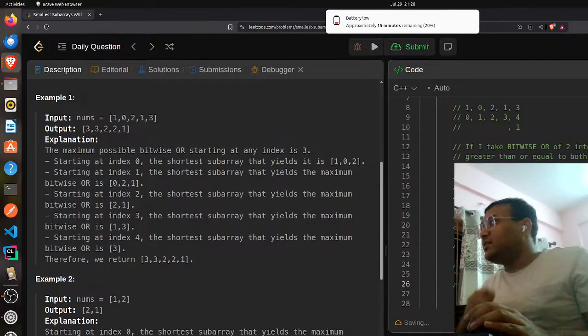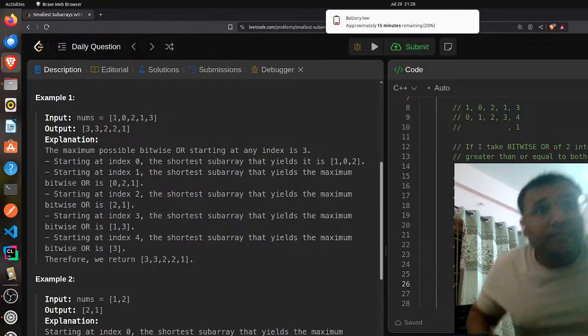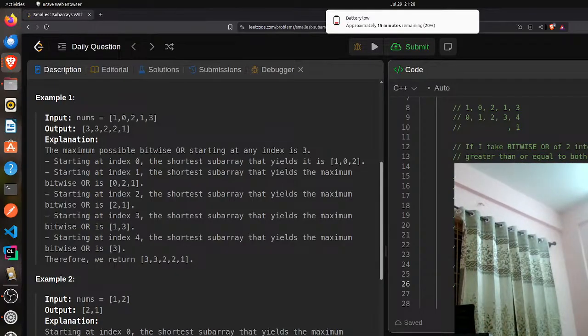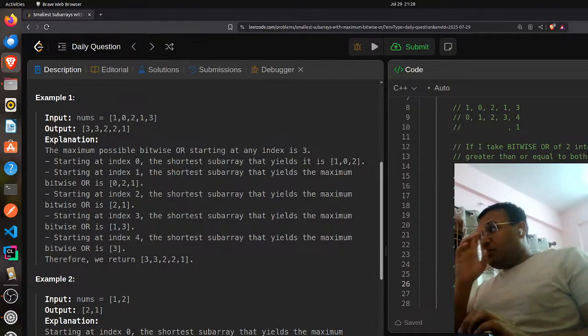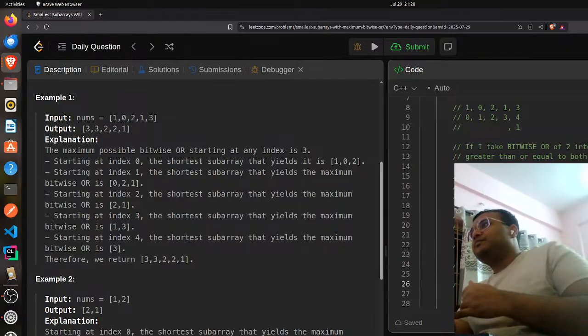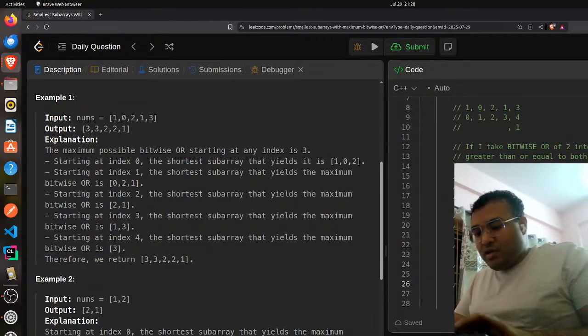This result tells us that the maximum bitwise OR will be obtained by having OR with the maximum element in the subsequent array.